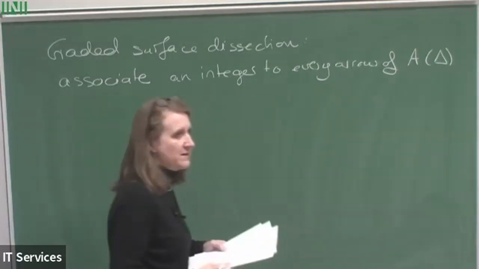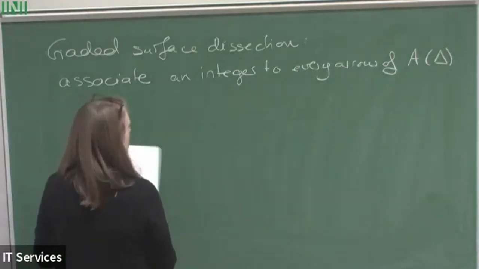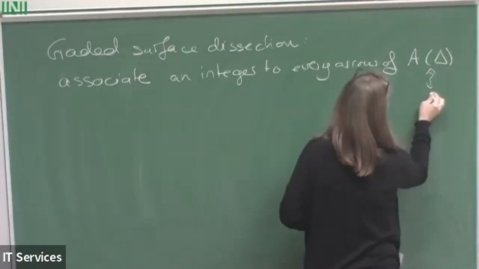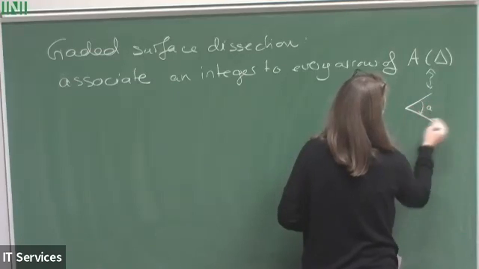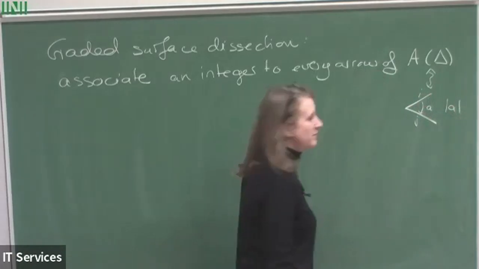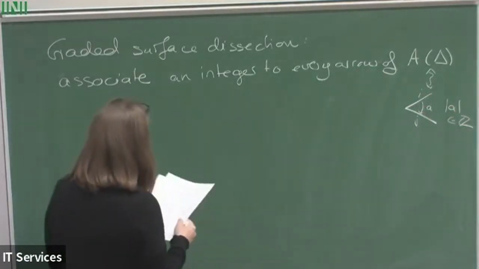So this becomes then a graded algebra. And so when you have two consecutive edges i, j, you just associate some integer to that.